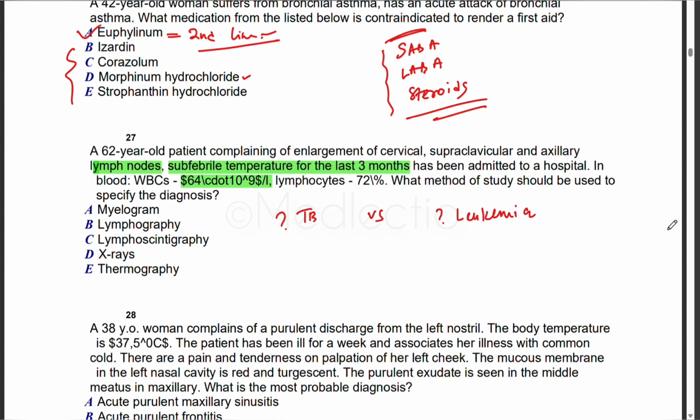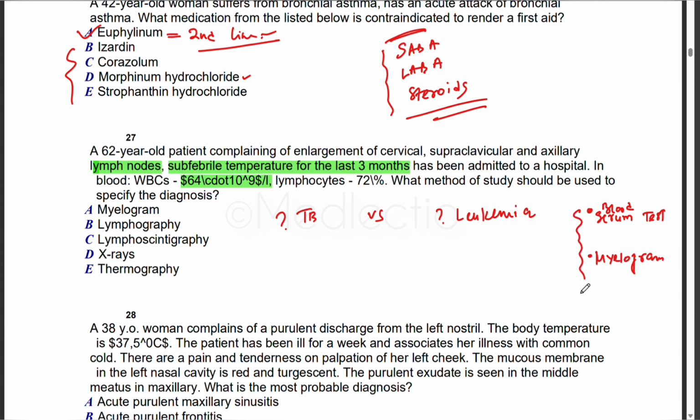So for DDX, what should we do? We should do a blood serum profile. Second one, for TB, we can have a myelogram.